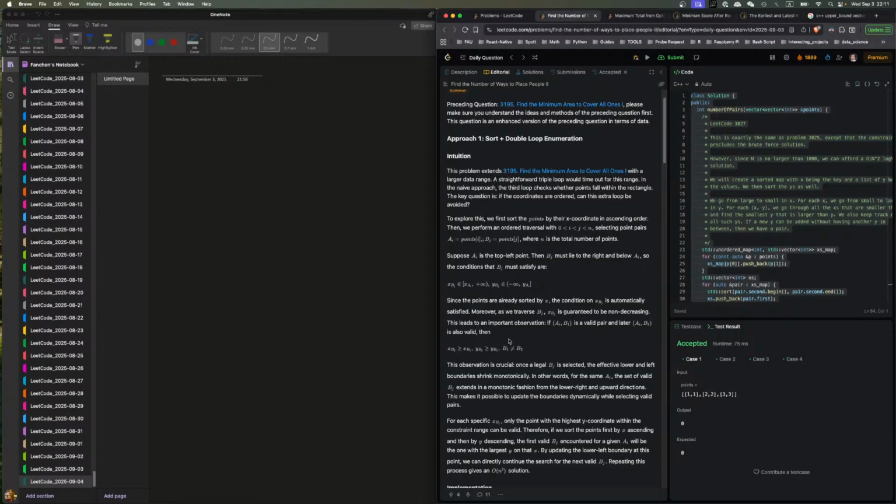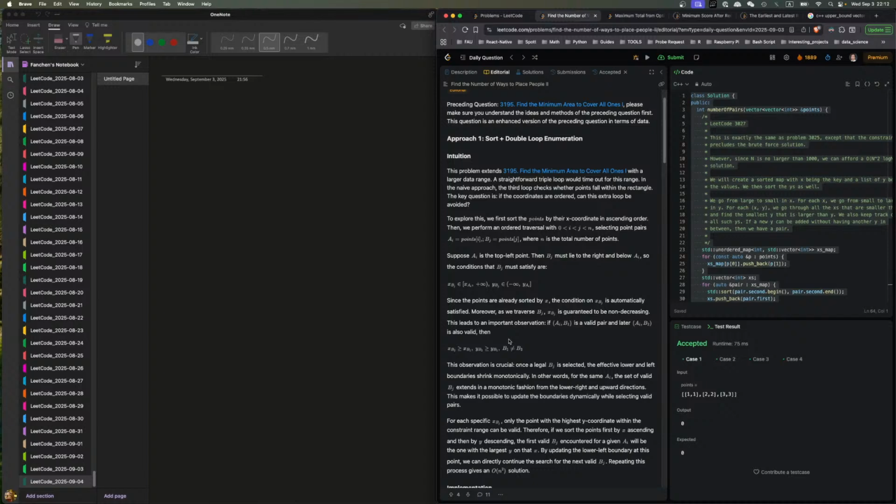Therefore, if we sort the points first by x ascending and then by y descending, the first valid bj encountered for a given Ai will be the only one with the largest y on that x. Yes, by updating the lower left boundaries at this point, we can directly continue the search for the next valid bj.